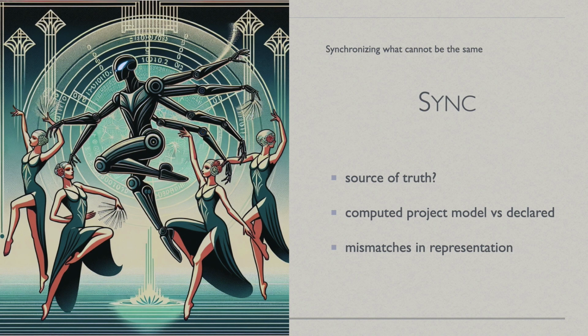Some build tools try to be declarative, but in the end they all end up having some kind of scripting either inside them or around them that modifies or computes the project model, because you don't really want to declare repetitive things over and over again. So that means you have to run the build tool to actually know the whole project model. So yeah, keeping things in sync is hard.